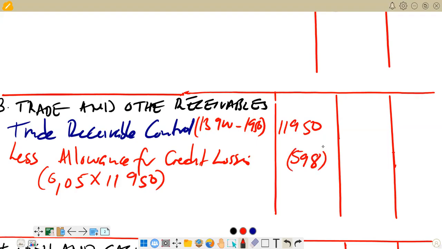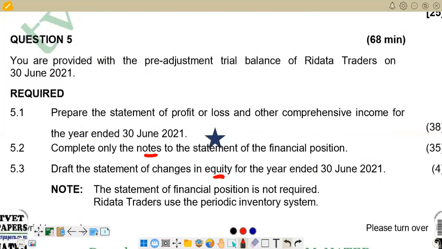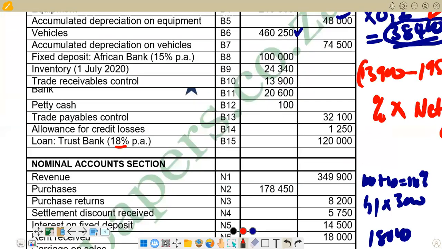And then we add any, remember, receivables include prepayments for expenses, and they include also accruals for income. So we come to the additional information. We have got an accrual for income there.